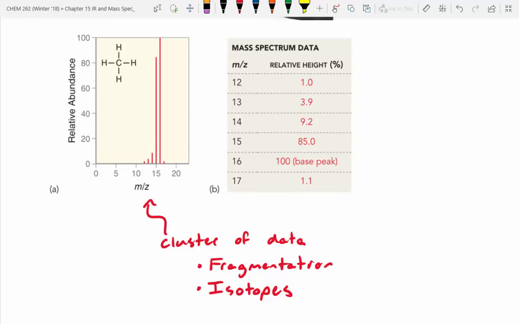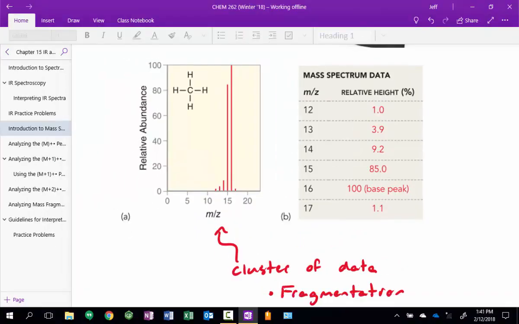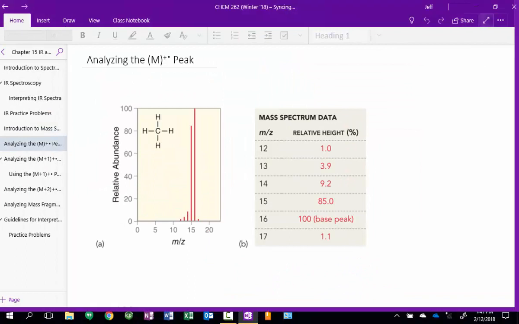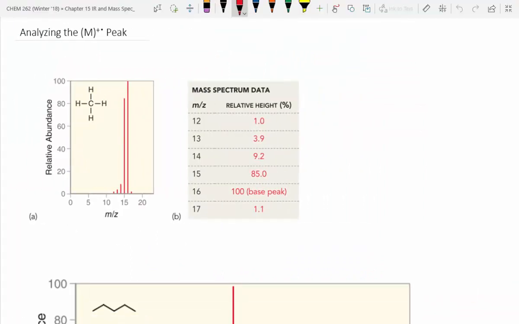So let's take a look at some of the peaks that we need to pay attention to. And the first peak that we tend to pay attention to is our radical cation peak. So let's make a note of that. And typically this is represented as a plus dot, and that's our radical cation slash parent peak.